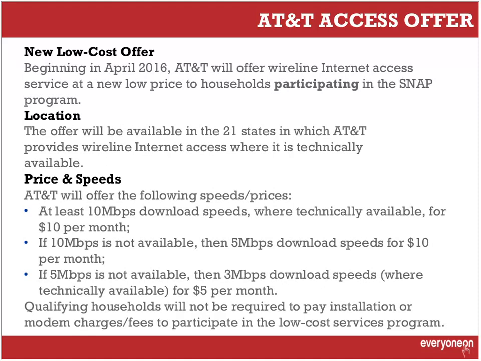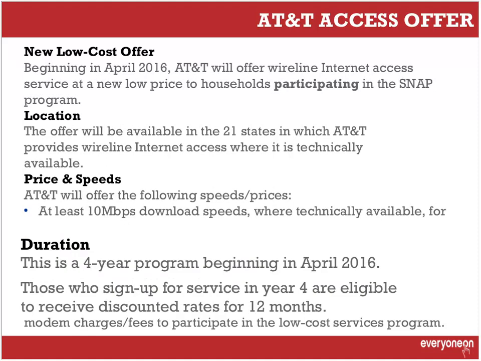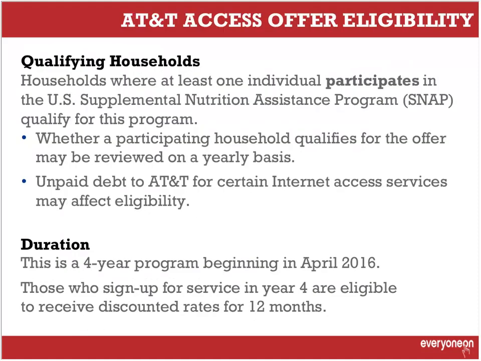And any senior who is on SNAP benefits, what we colloquially call food stamps, would be able to access this offer. This offer is available in 21 states across the country. If you went to our page and put in your zip code, you would see if that offer was available to you. The qualifying households are folks who are on SNAP, and it's going to be available for the next 4 years, and we hope potentially beyond.